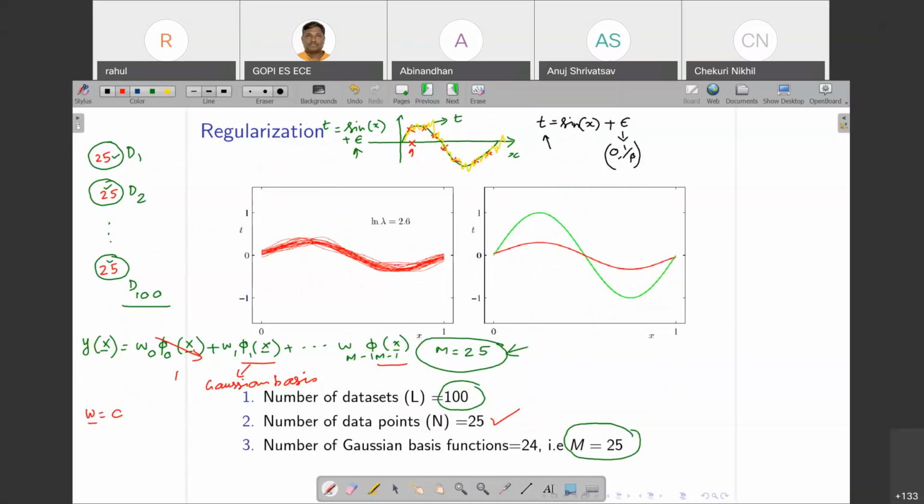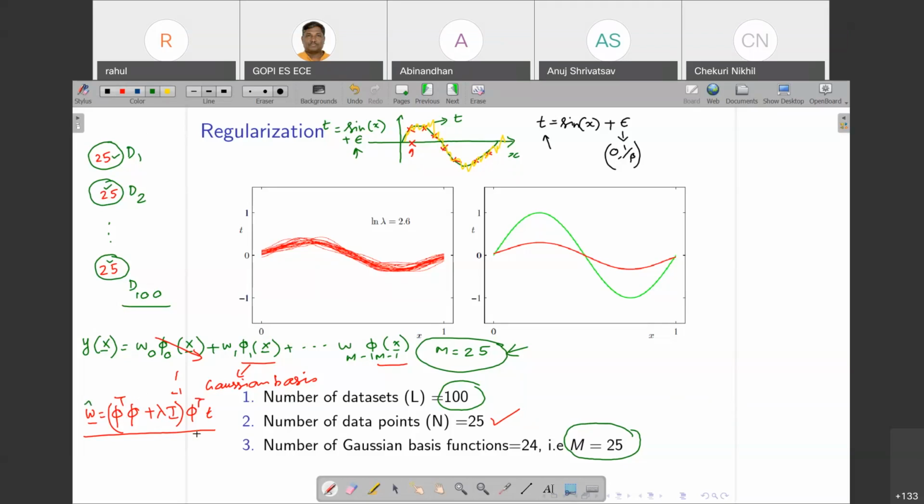W is phi transpose phi plus lambda I, inverse, times phi transpose T. The regularization comes into the picture here. When lambda is 0, there is no regularization, and you get the original solution. We are actually estimating this W.